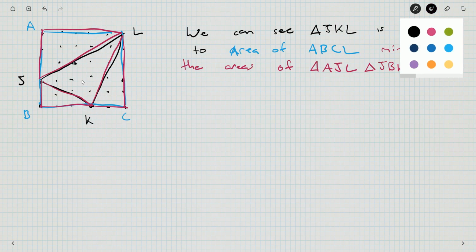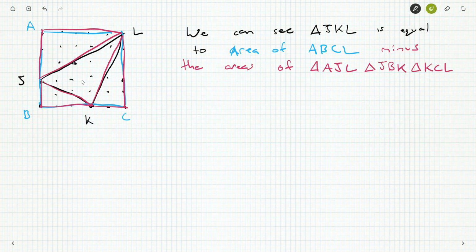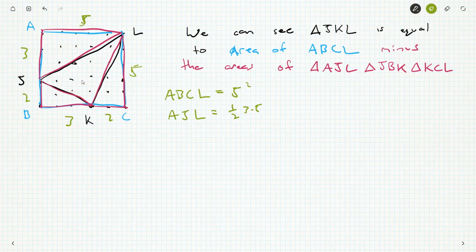Each of these are right-angled. So we go over 2 here, we go over 3 here, up 2 here, 1, 2, 3 here, 3, and then this one is 5, 5 here. So ABCL has an area of 5 squared, and then AJL, it's going to be 3 and 5, so it's going to be 1/2, 3 times 5.